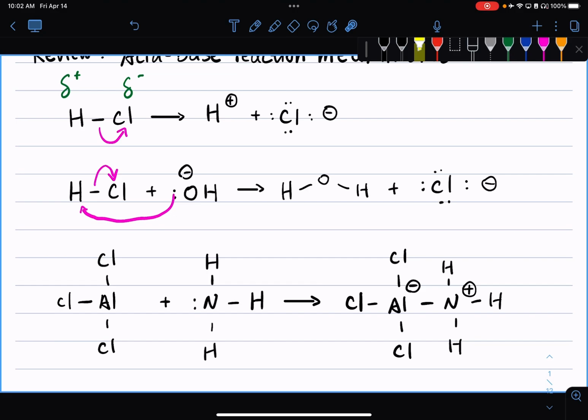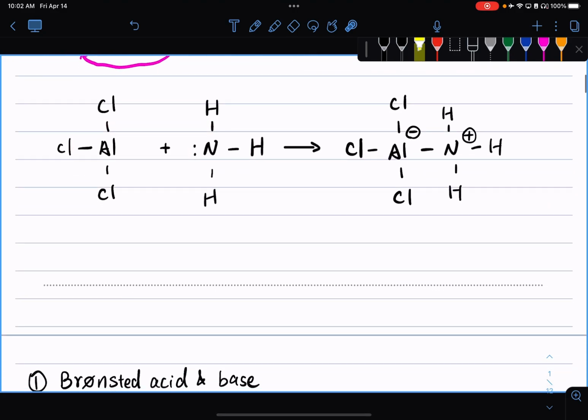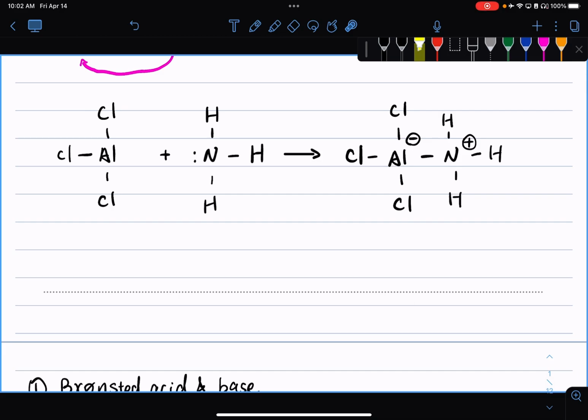And at the end, we have this pair. Both of them are neutral species. Aluminum chloride is neutral, yes. But at the same time, you can imagine your aluminum has some partial positive charge on it because of the electronegativity of the chlorine bonded to it. Or what we say is my aluminum can act as an electrophile.